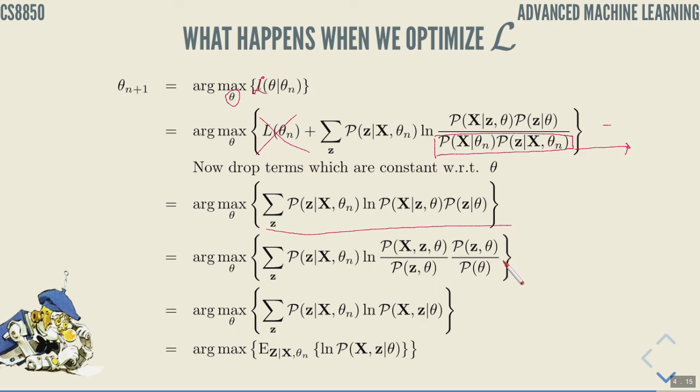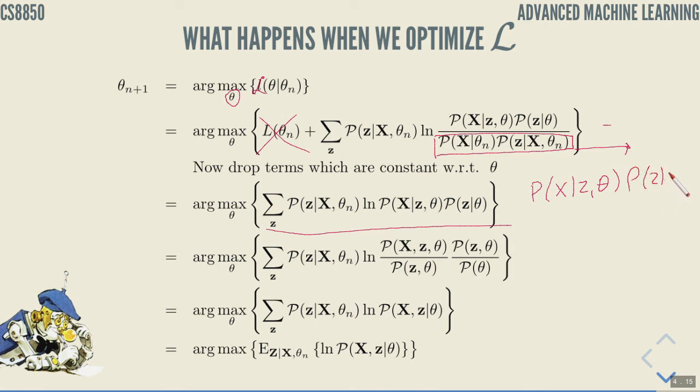Again, we do a fudge factor. This is the joint distribution right here. Probably I need to write this: probability of x, z, theta.